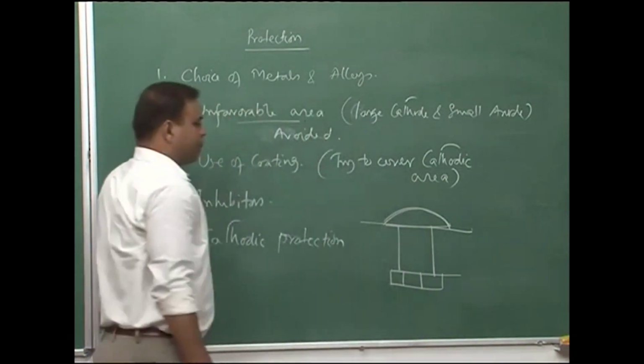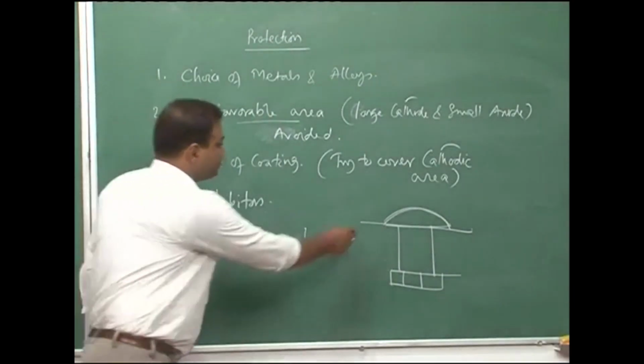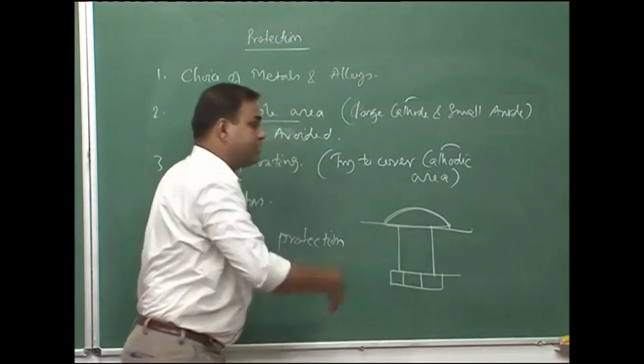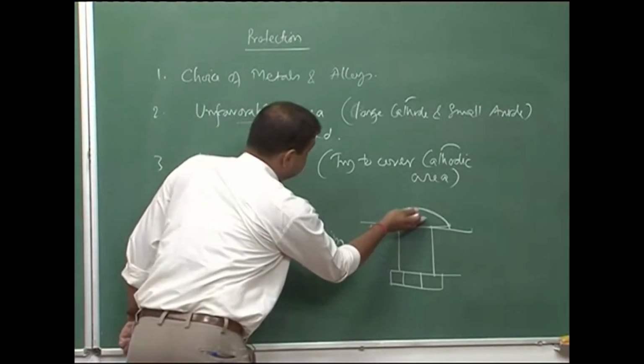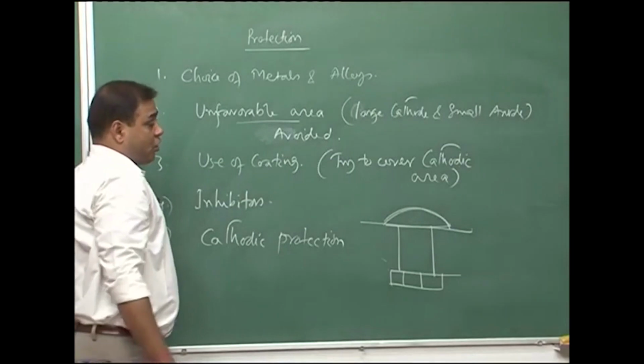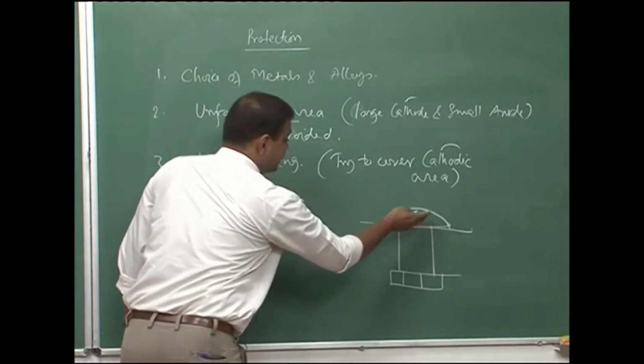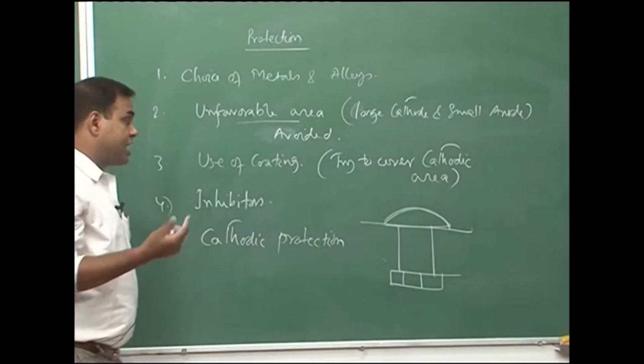How to avoid galvanic corrosion, because these two materials would have different compositions, and there could be a possibility that this material is cathode or this material is anode. If this material is anode, then the problem is much higher.